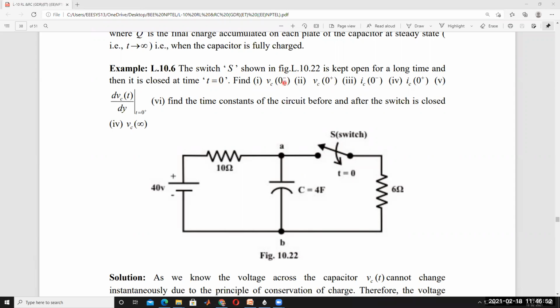Find VC of 0 minus, that is the voltage across the capacitor, VC of 0 minus and VC of 0 plus, and IC of 0 minus and IC of 0 plus, and then dVC(t)/dt at t = 0 plus. Then the sixth one, find the time constant of the circuit before and after the switch is closed, and then the seventh one, VC of infinity. It's clear.